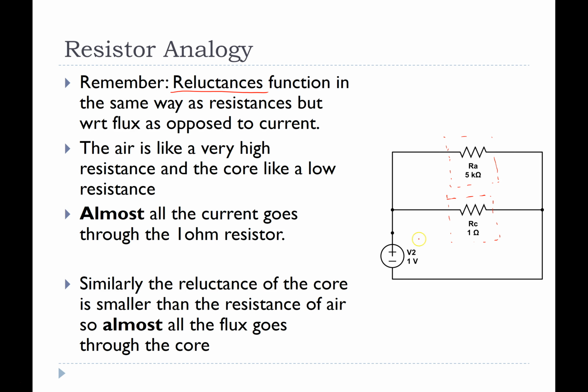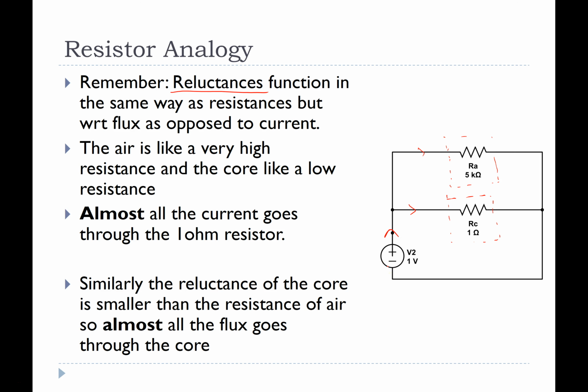So when we have these two things in parallel, the current would flow predominantly through the low resistance path, and that is basically what happens when you put in the soft iron core. The majority of the flux flows through the core and is directed through the secondary winding and then returns.